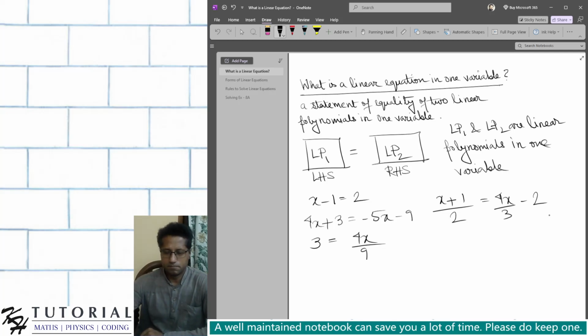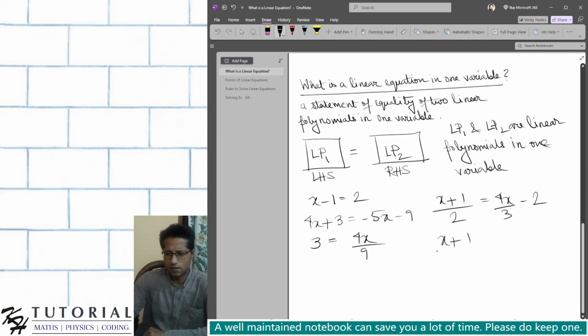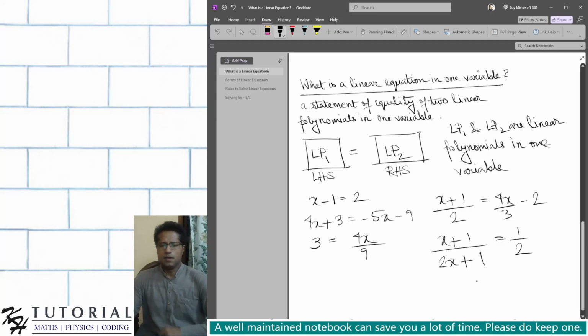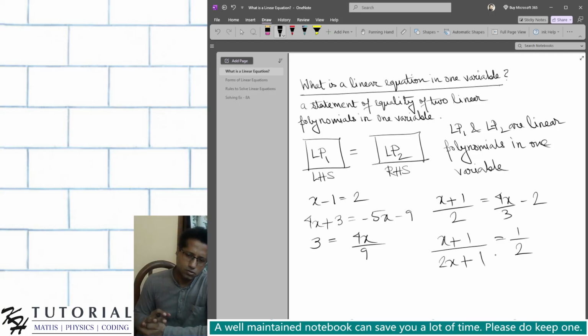Okay. Now, some other complex examples of a linear equation in one variable is like this: x plus 1 divided by 2x plus 1 equals to, let's say, 1 by 2. Now, this x plus 1 by 2x plus 1 equals to half may not look like a linear equation, but this can be reduced to a linear equation in one variable by applying some rules.